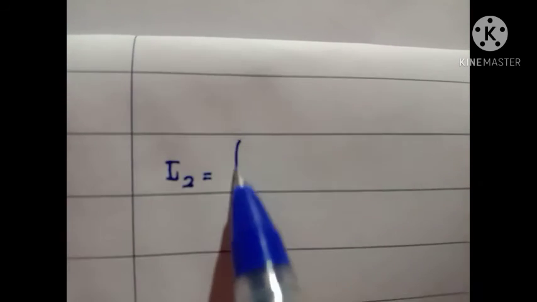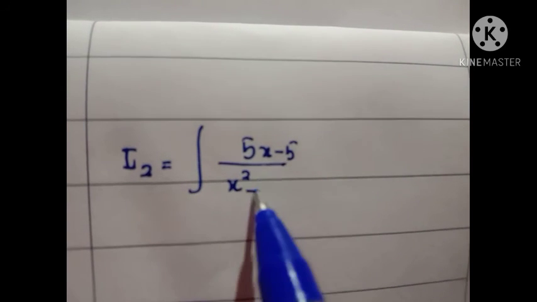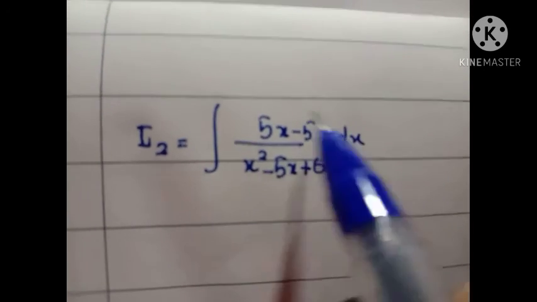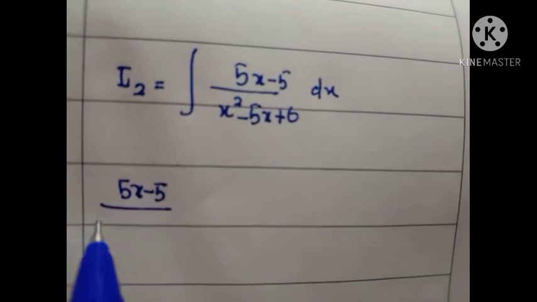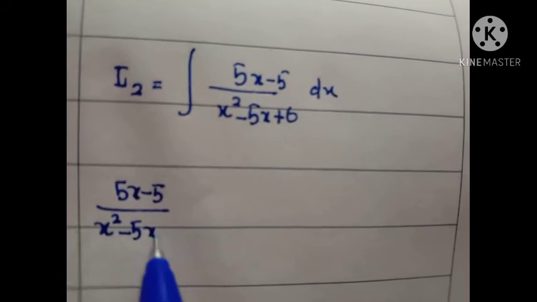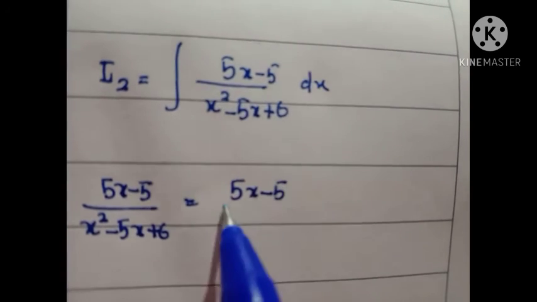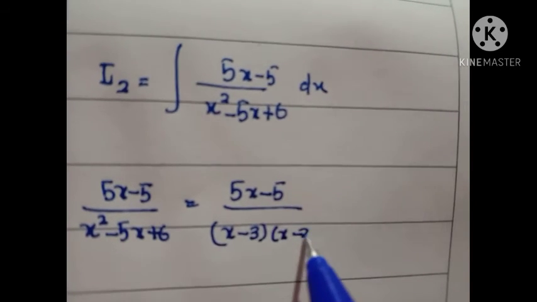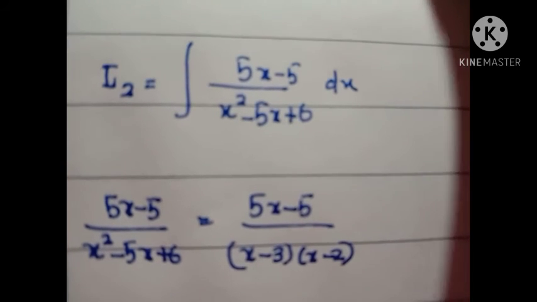I2 is actually ∫(5x − 5)/(x² − 5x + 6) dx. So take this integrand (5x − 5)/(x² − 5x + 6). This can be written as (5x − 5)/((x − 3)(x − 2)). Now we need to introduce two partial constants.